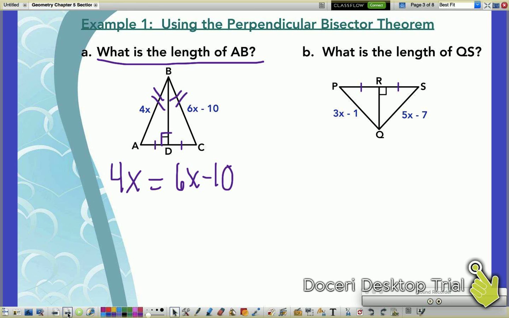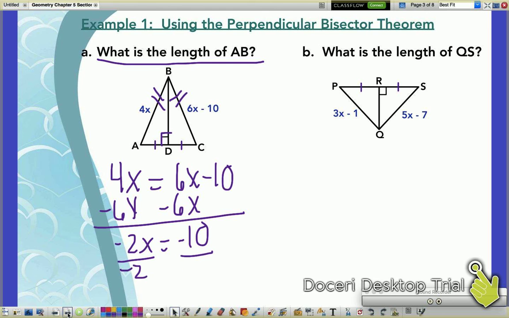them equal. So, oops, wrong number. Subtract 6x, and you get negative 2x equals negative 10. Well, what happens when we divide by a negative?